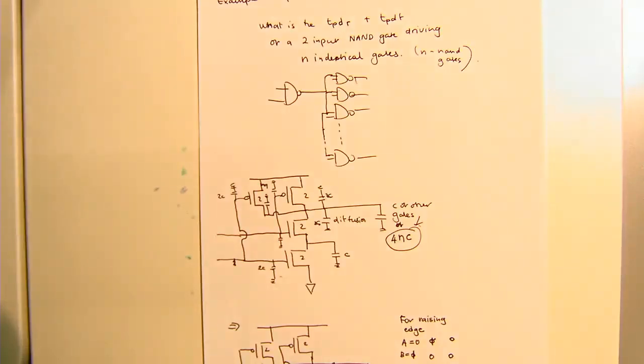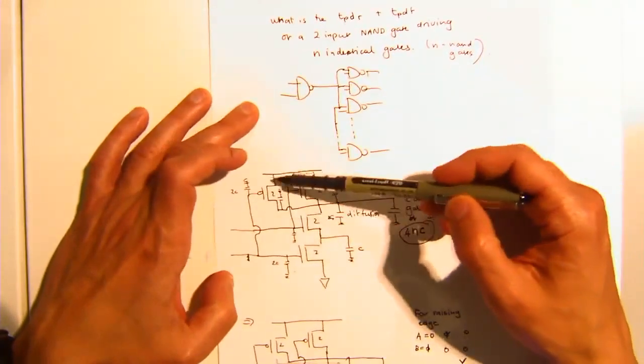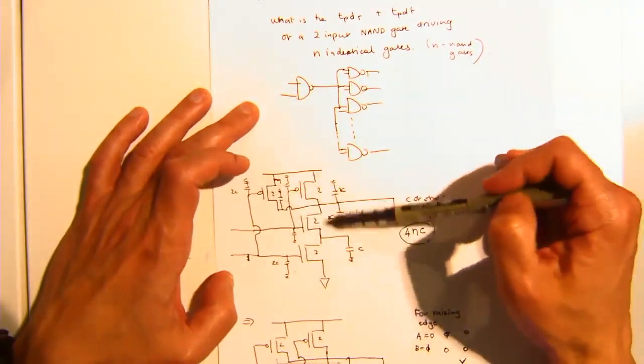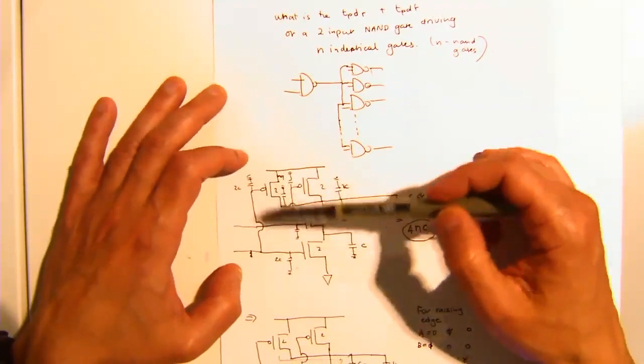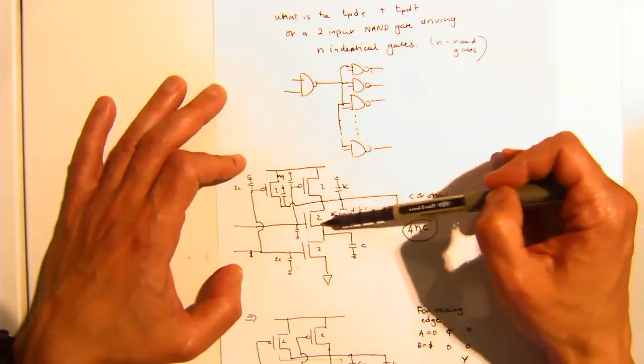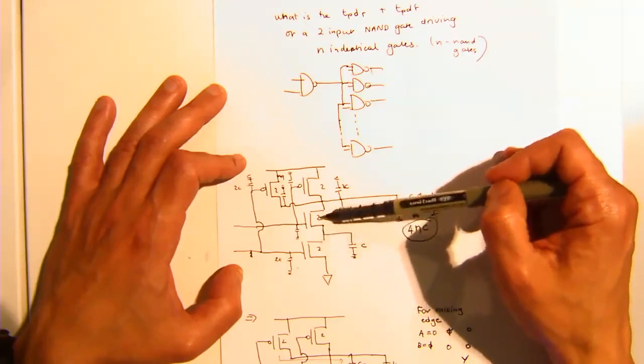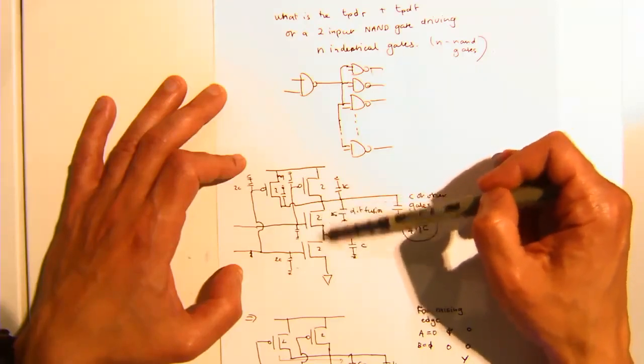Well, if we look at this, and I've drawn a NAND gate here, I'm going to have the PMOS as being 2 units large, because there are 2 NMOS in series, and I want the total resistance to be R here.